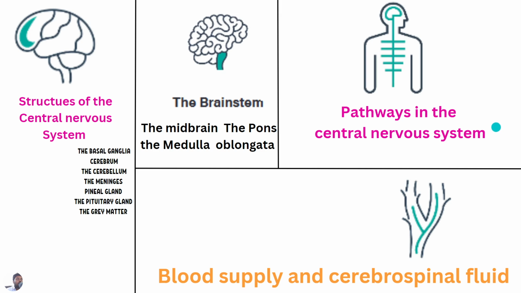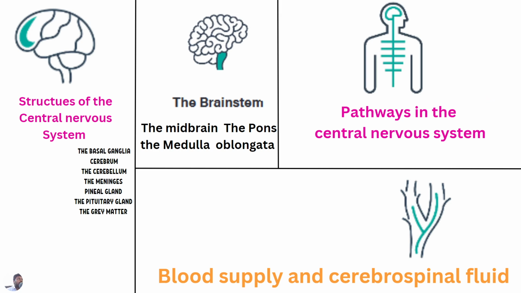Okay, so coming to the nervous system, neuroanatomy, it's divided into four subheadings. First, structures of the central nervous system, the brain stem, pathways in the central nervous system, the blood supply and the cerebrospinal fluid.